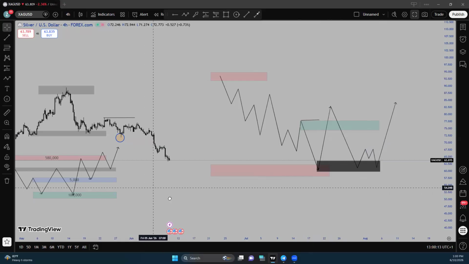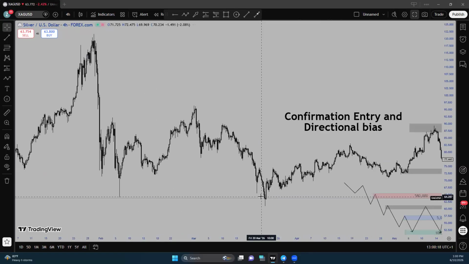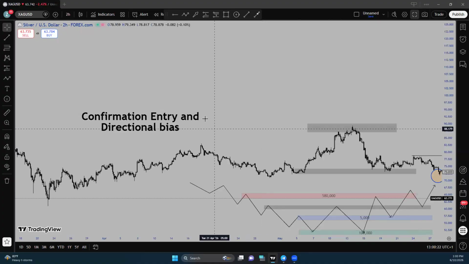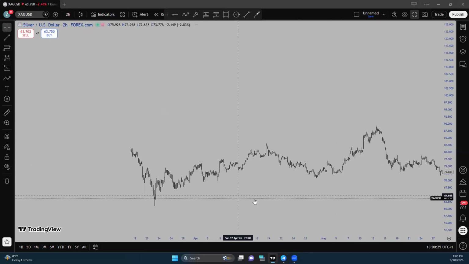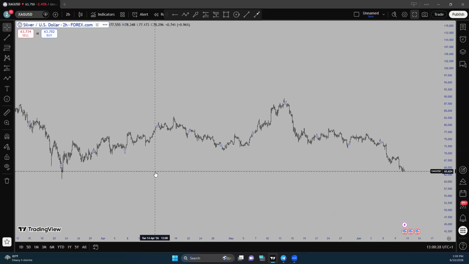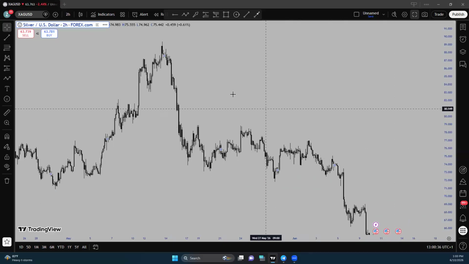So let me try to explain it on the chart. This is silver, 2 hour time frame. So based on what we can see, we know that market is definitely bearish. Market was selling down.